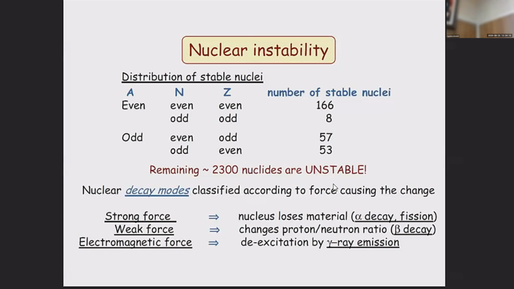There are different mechanisms for this. The strong force is mostly for alpha decay and fission. For weak ones, mostly beta decay, beta minus, beta plus decay, electron or positron. Or electromagnetic ones are the excitation of gamma ray emissions.